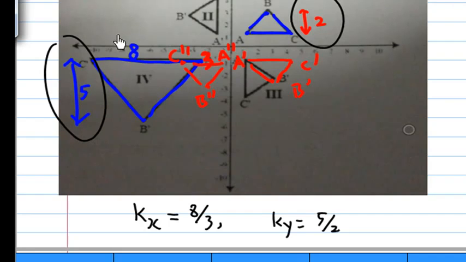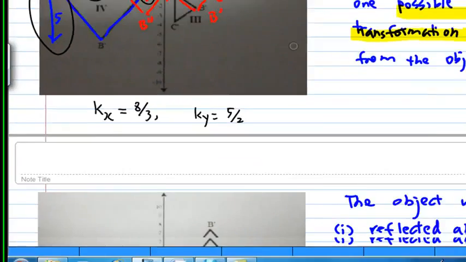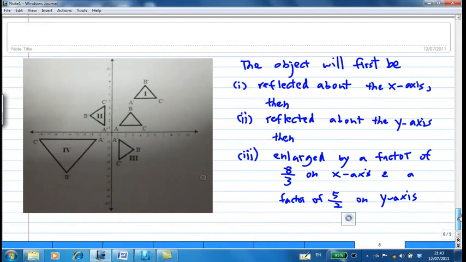To summarize, these are the 3 transformations we do. First, reflect about the x-axis, then reflect about the y-axis, then enlarge by a factor of 8 over 3 in the x-direction, and a factor of 5 over 2 in the y-direction.